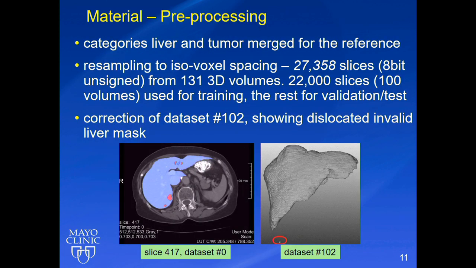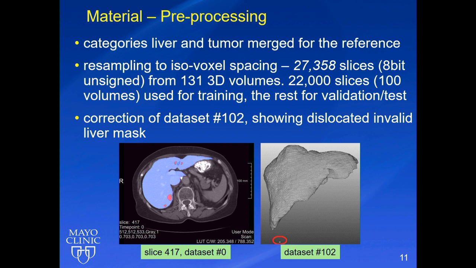Yeah, so what we have overall is some 27,000 slices after adapting the spacing. So we are using iso voxel spacing, doing some interpolation to get it. From the 27,000 slices, we use 22,000 for training and the remaining around 7,000 for validation and test.